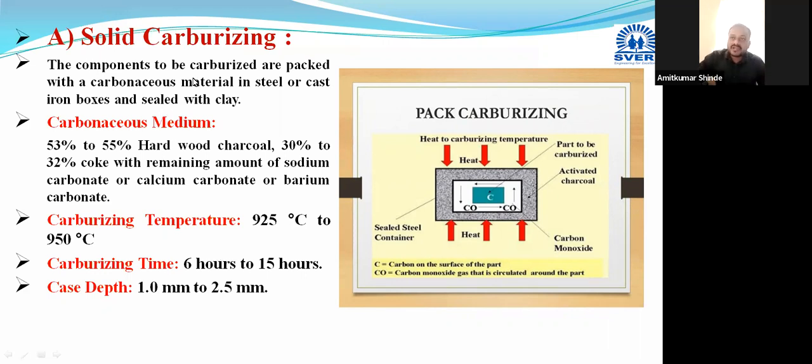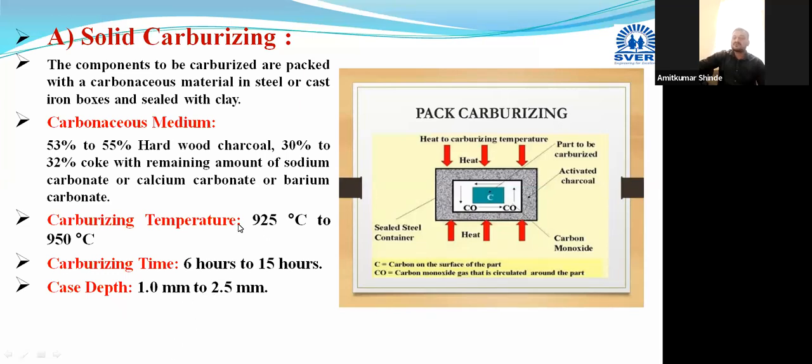In solid carburizing, the case depth depends on carburizing temperature and carburizing time. If carburizing temperature and time are increased, case depth also increases, and if we decrease them, case depth also decreases.